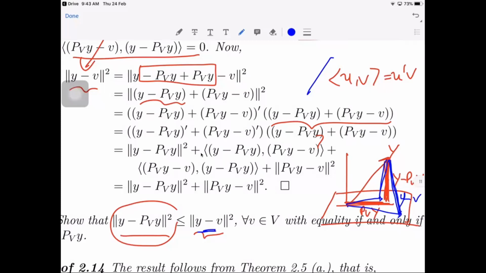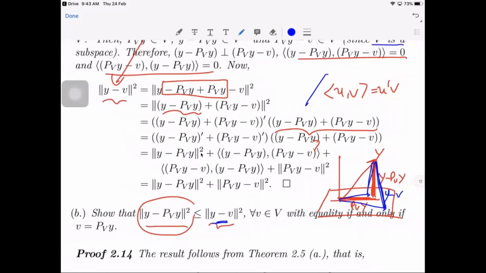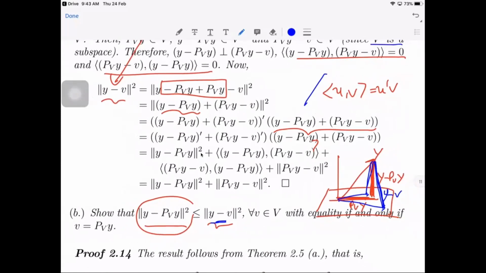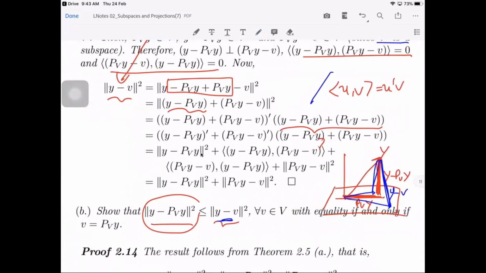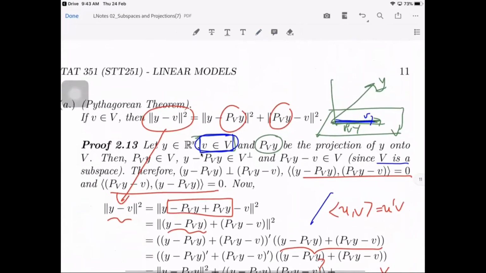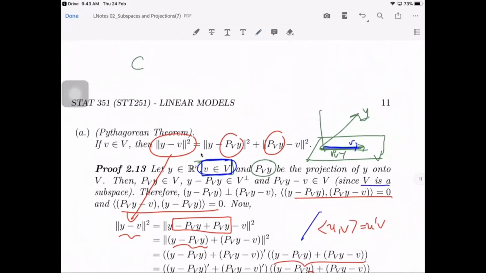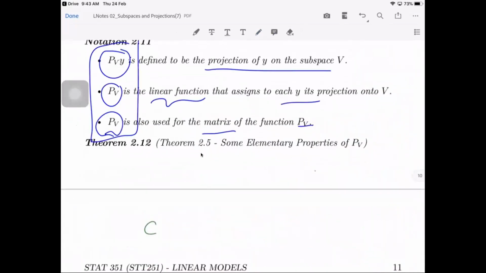So, unsa may pasabot ana? Unsay pasabot ani na statement, kining letter B. Naman ko'y gisulat sa una sa notes na theorem 2.5B. Unsa to akong gisulat dito?